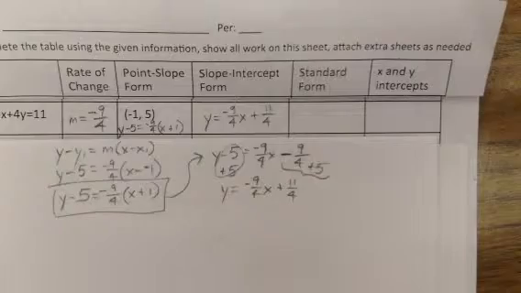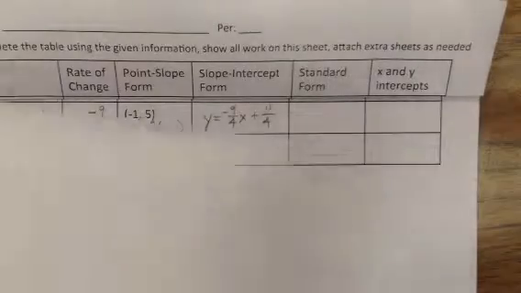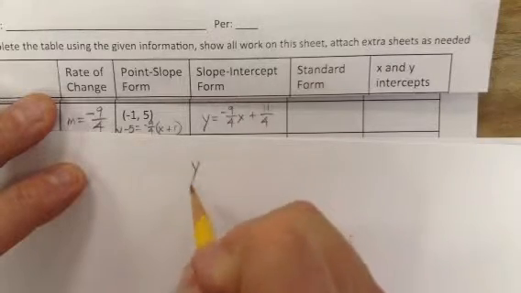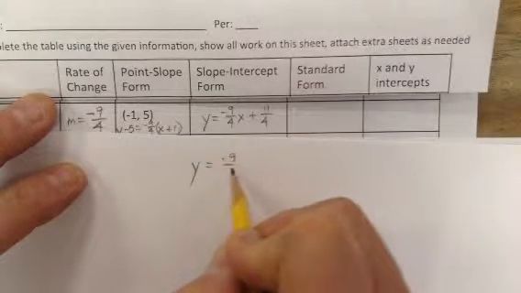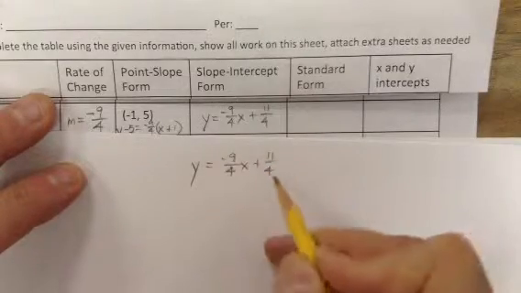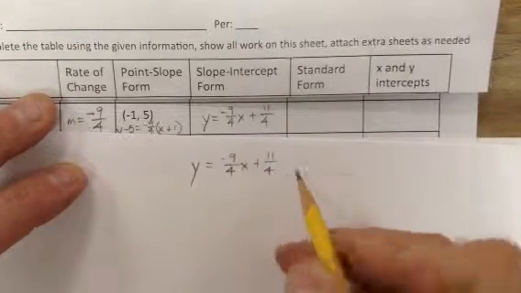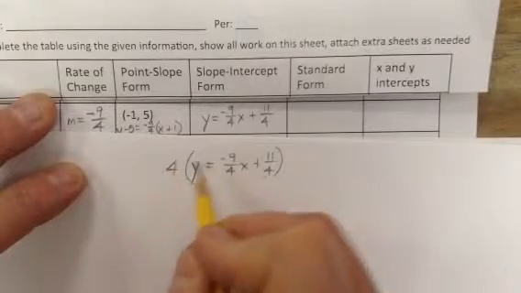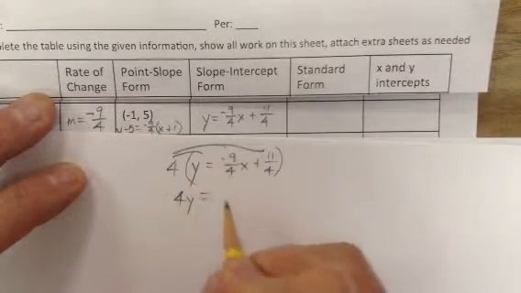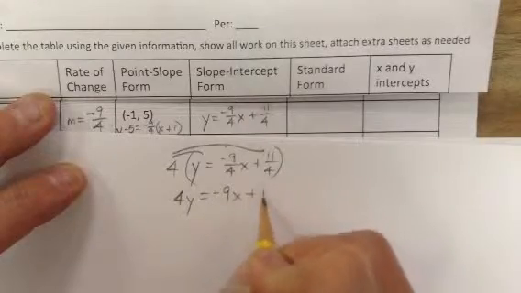All right, so there's slope-intercept form. Now standard form. Remember, we can't have fractions. So let's take this and get rid of our fractions. Remember what we're going to multiply by? Look at your denominator. Your common denominator is 4. That's what you multiply by. Distribute not once, not twice, but 3 times, and you get 4y is equal to negative 9x plus 11.